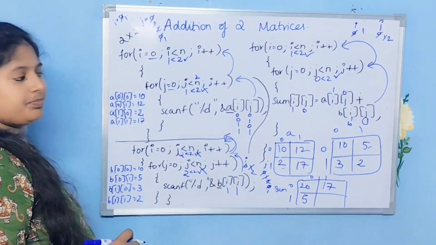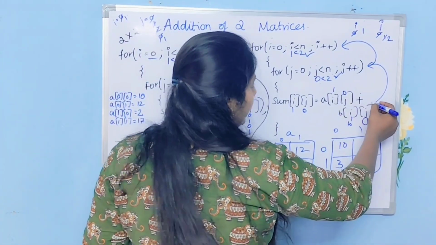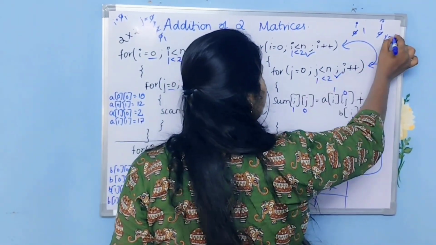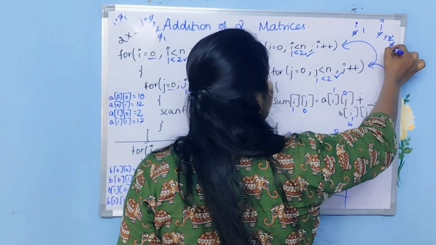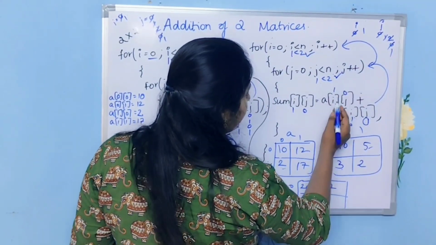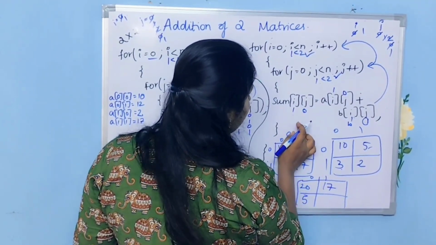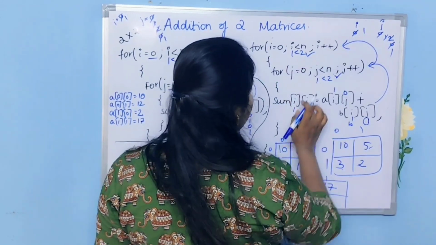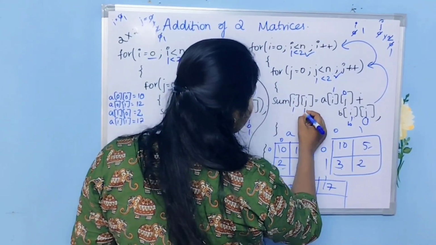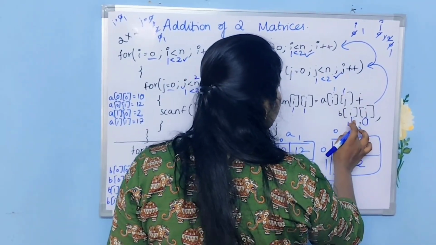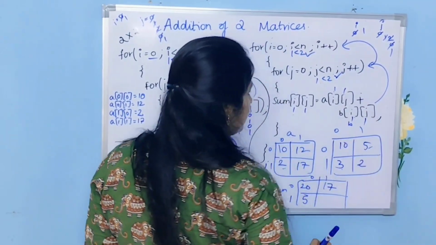Again I go back, incrementing j. J is equal to 1. 1 is less than 2, condition true. Now i equals 1, i is not changed yet, j equals 1.